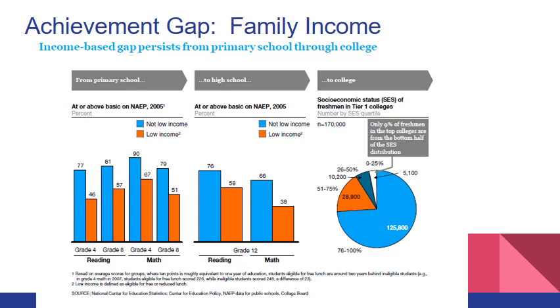Also, if you look at college achievement and college participation, in the top tier colleges or tier 1 colleges, only 9% of freshmen come from the bottom half of the SES, or the bottom half of the socioeconomic distribution.